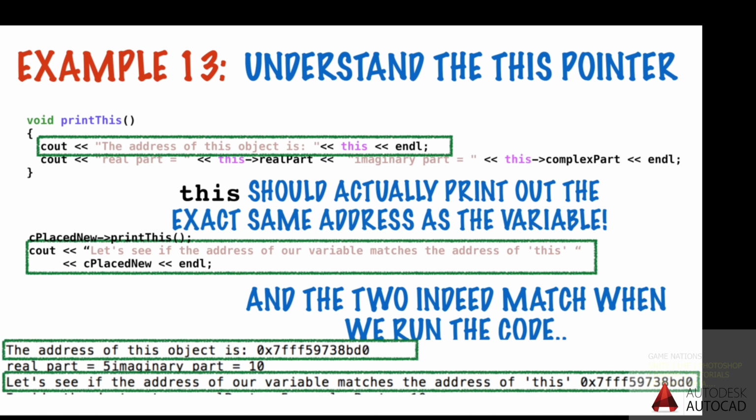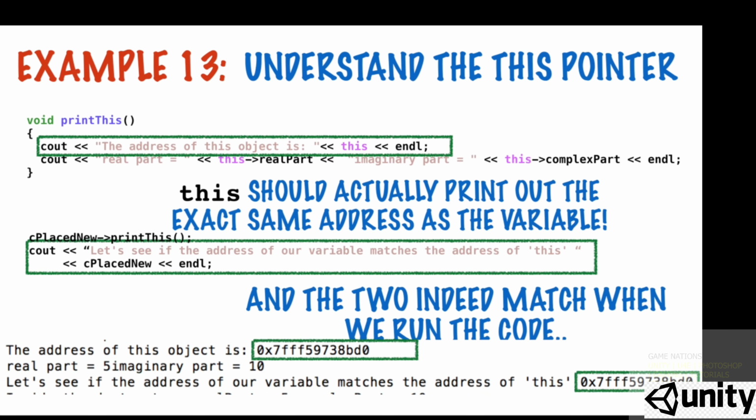The address of the this object is a very long hex number, and the address of our cPlacedNew variable, the external variable, is exactly the same. The this pointer points to the current object and has the same address as an external variable which points to the same object.